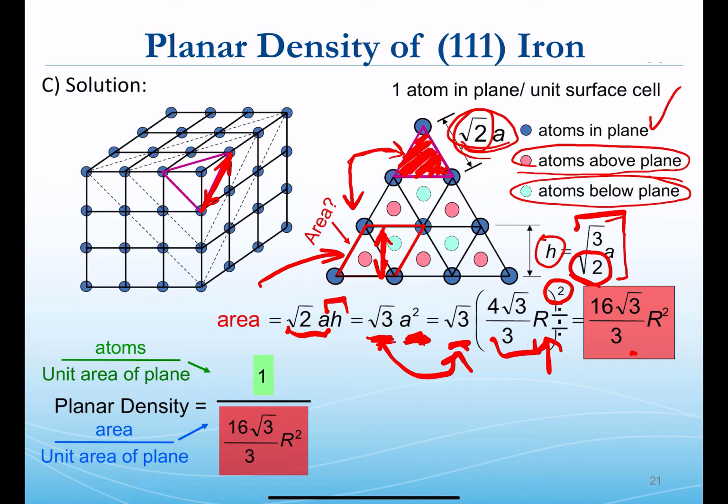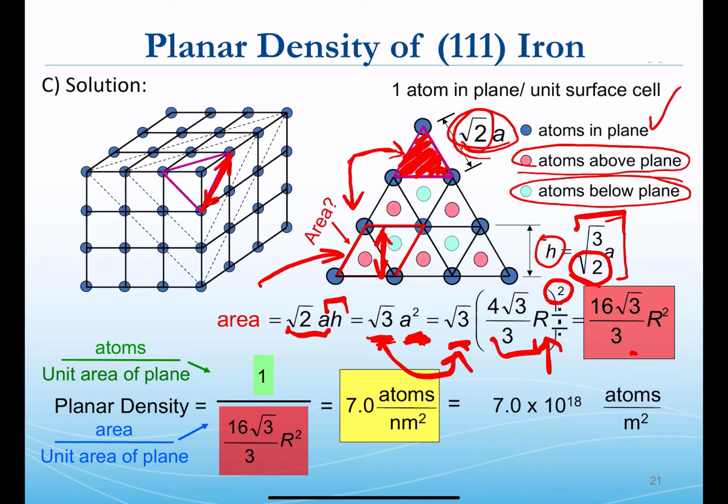Okay? And so in this case, you'll end up with 7 atoms per nanometer squared. And so here we're going to have a lower value for the number of atoms per unit area. Okay?